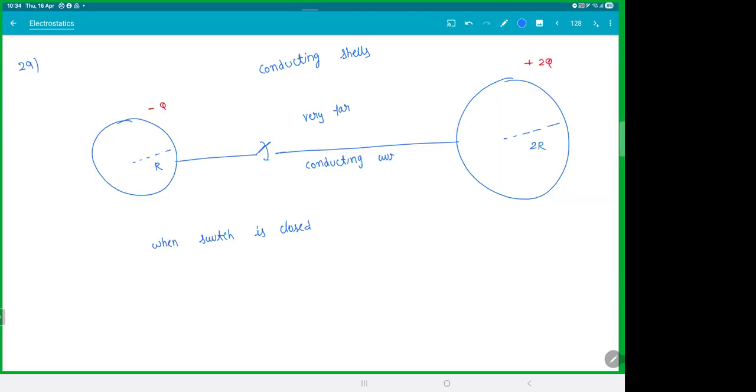This is another good Mains level question. If they just ask you the potential, it's Mains level; if they ask you heat produced, it becomes a little higher. When the switch is closed, find final charges and heat produced. Let's finish off. Last one for the day.